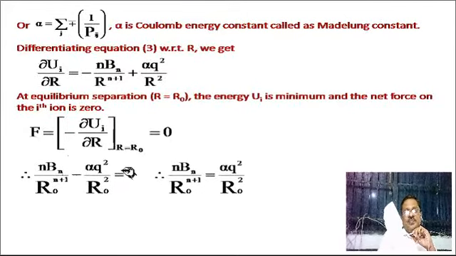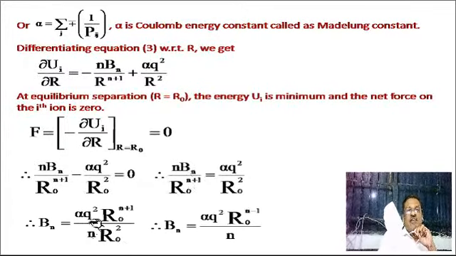Now the second term we are taking on the RHS, it will become positive, therefore n Bn divided by r0 to the power n plus 1 is equal to alpha q square divided by r0 square. So what will be the value of Bn then? It is alpha q square r0 to the power n plus 1 divided by n r0 square. This r0 to the power n plus 1 will come here, so it will take this place, and n will come here.